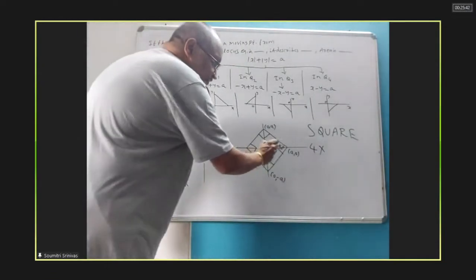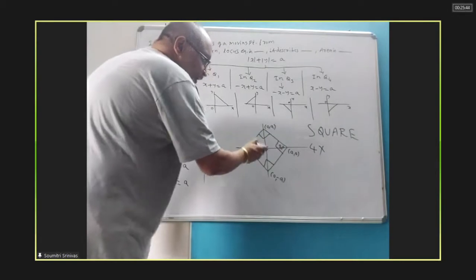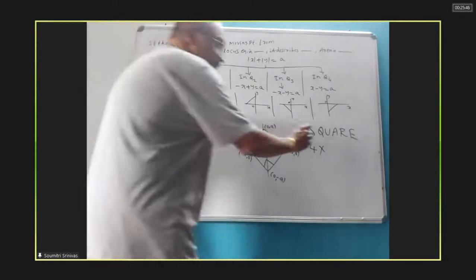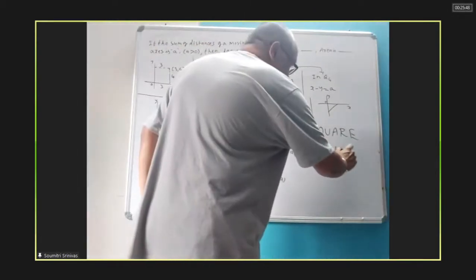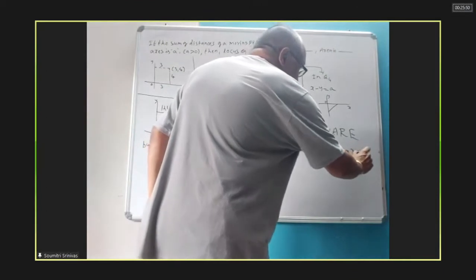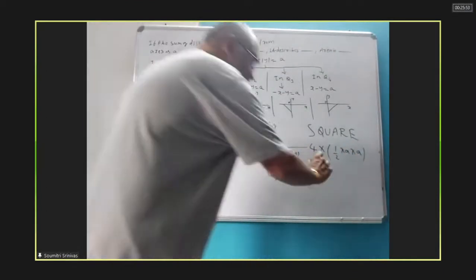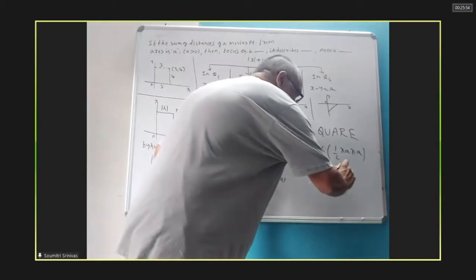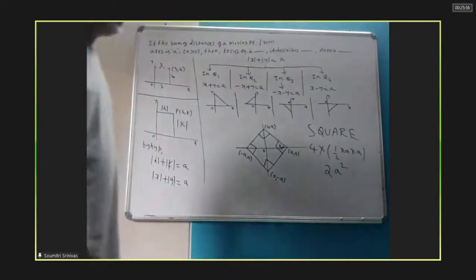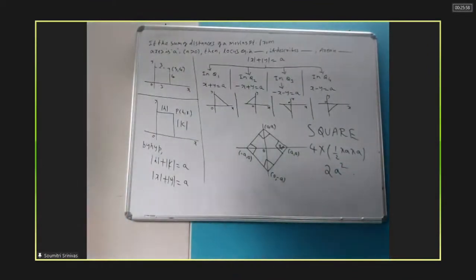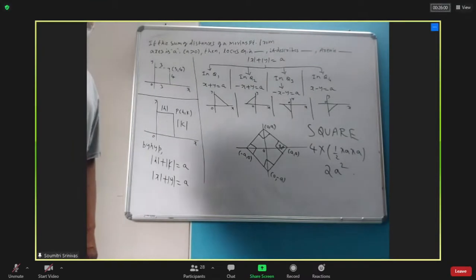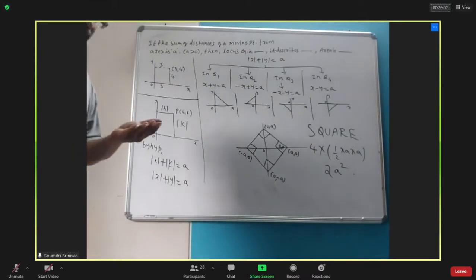What's the base? A. Height? A. Half into A into A. What will I get, man? Any doubts? Any questions?